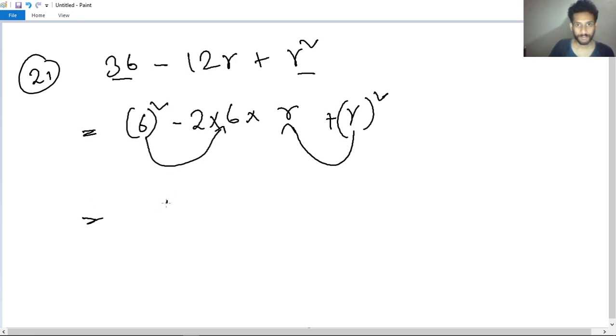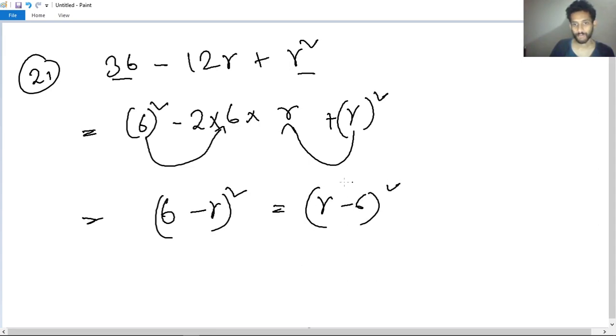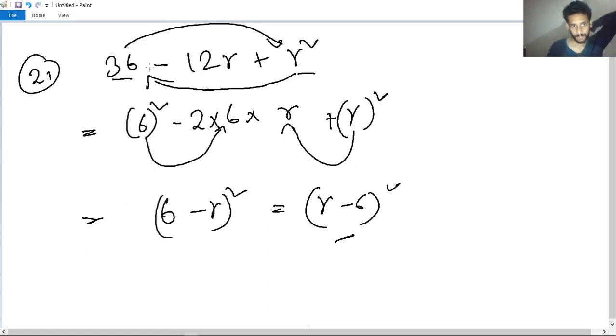So 6 minus r whole square. This can also be written as r minus 6 whole square. You can obtain this if you interchange this part with this one, but ultimately the value is the same.